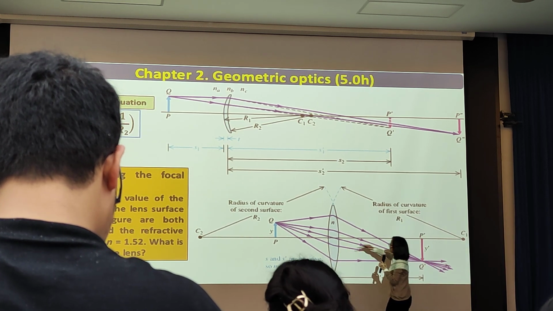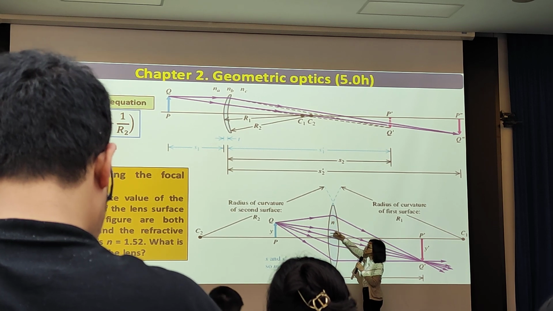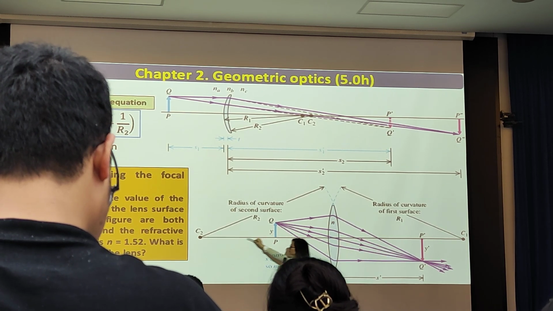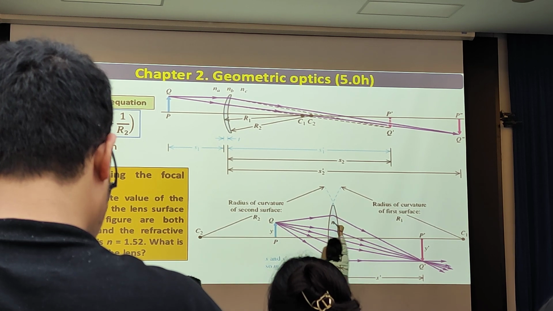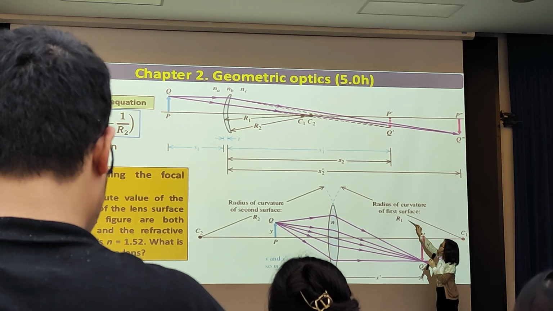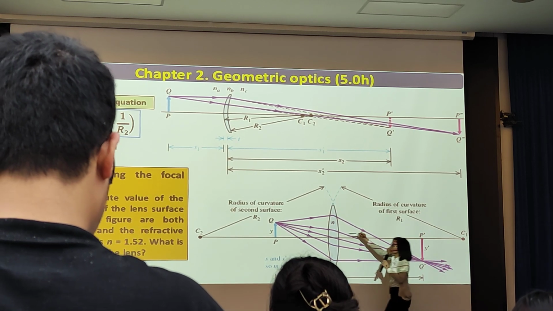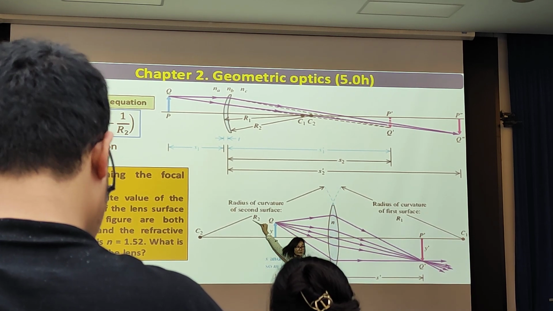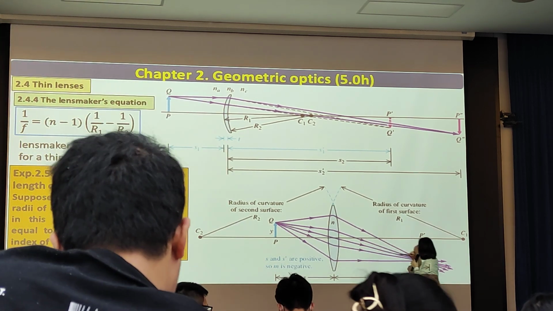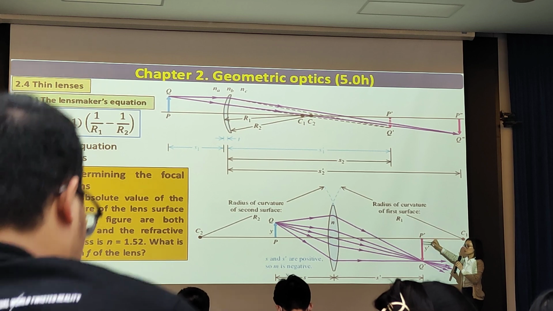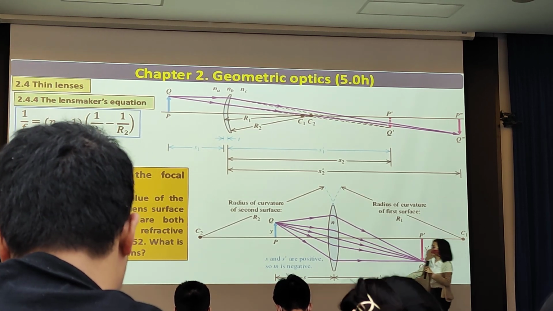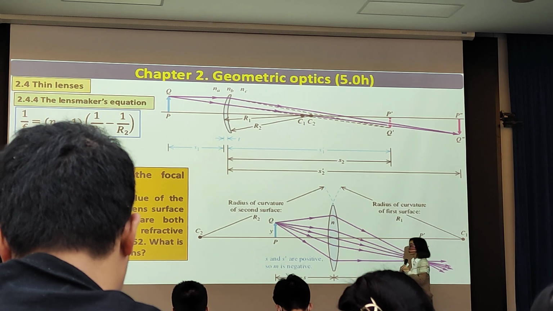So here we have the center of curvature, and here is a curvature. So you've got C2 and you've got C1 here. You've got the radius of curvature of the first surface R1 and the radius of curvature of the second surface R2 here. PQ is the object, and here's the image P prime Q prime. Here is S and here is S prime.